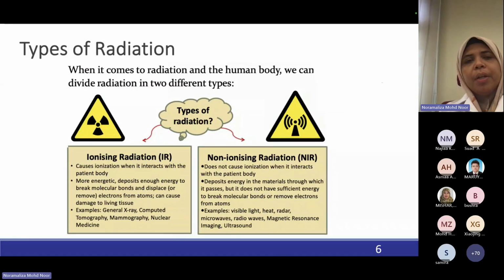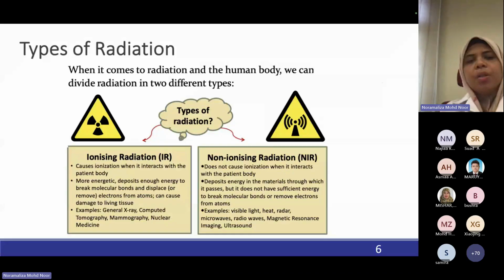There are two types of radiation when it comes to the human body: ionizing radiation and non-ionizing radiation. Ionizing radiation can cause ionization when it interacts with the patient's body.